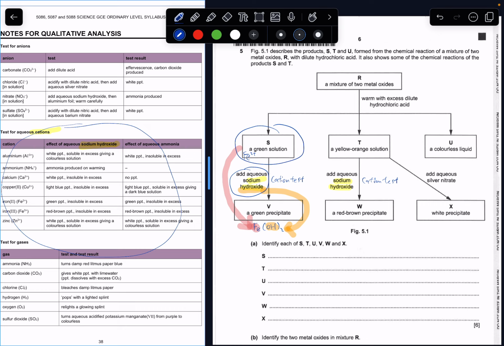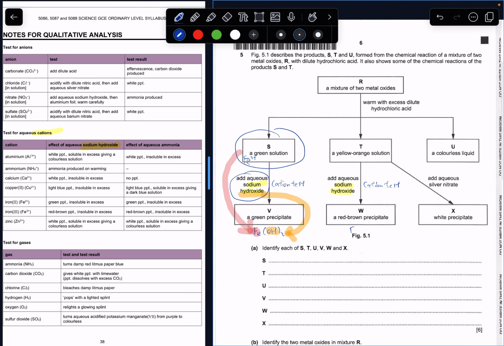You tend to remember them better. So in this case, reddish brown means this is Fe(OH)3. Again, same question: where did the hydroxide come from? It comes from here. Where do you think the Fe3+ came from? Here. So this is your Fe3+.